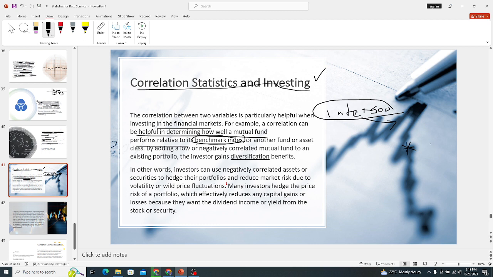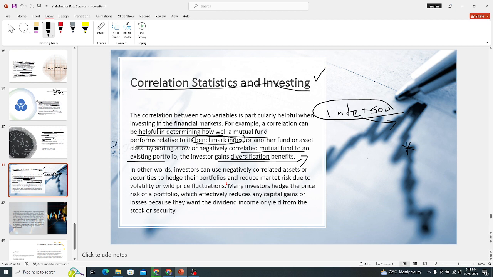With that, you will see that by adding a low or negatively correlated mutual fund to an existing portfolio, the investor gains the diversification benefit.